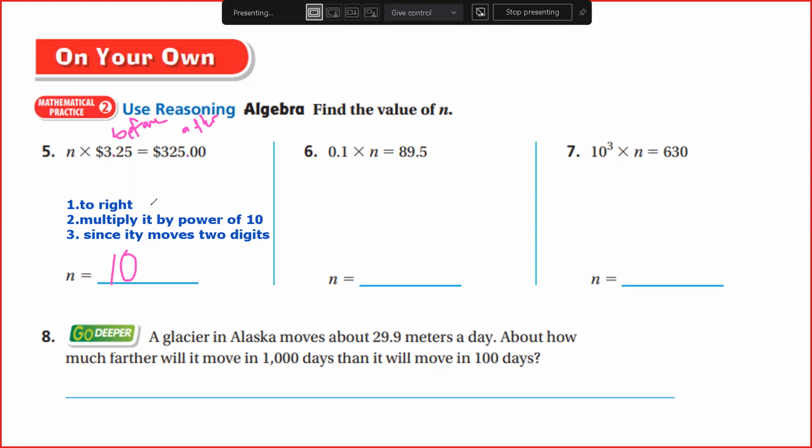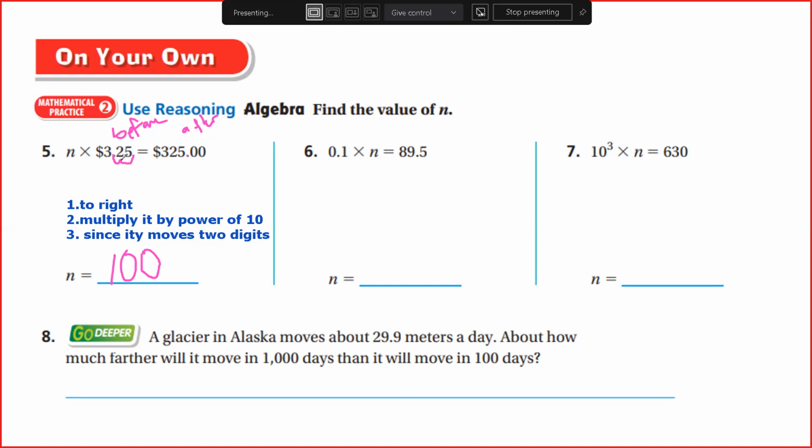And now Mona told us that we move the decimal point 2 digits to be 325. So when I move the decimal point 2 digits, how many zeros should I add? 2. So 100 multiplied by 3.25 means I have to go 2 digits to the right.